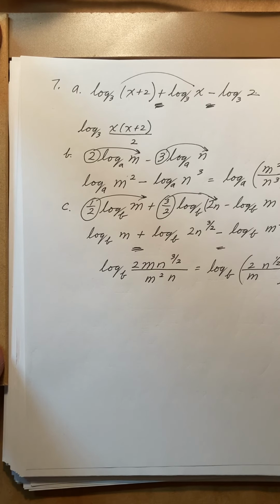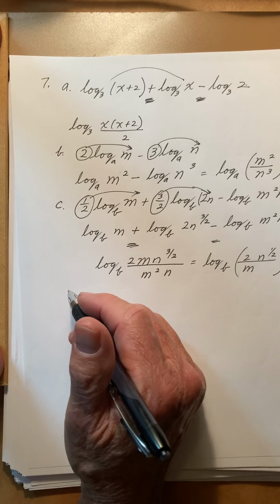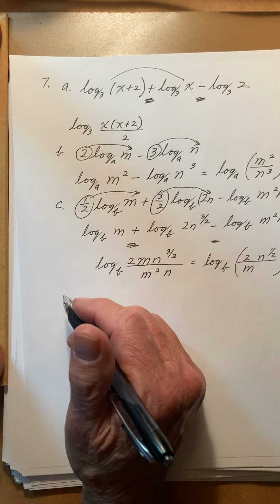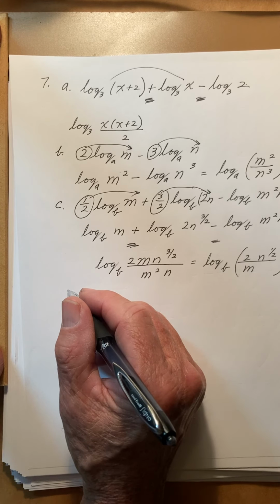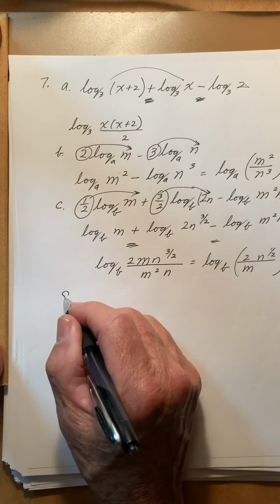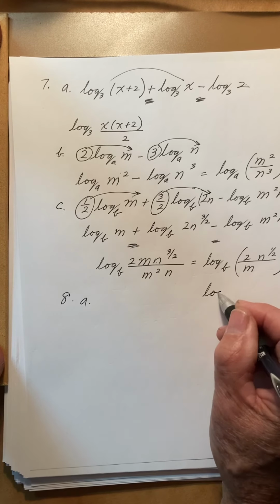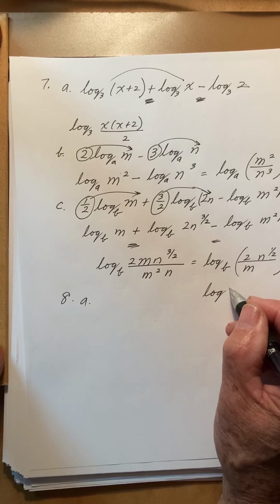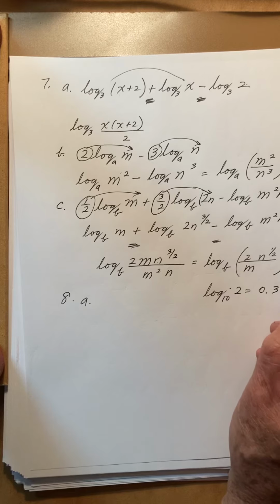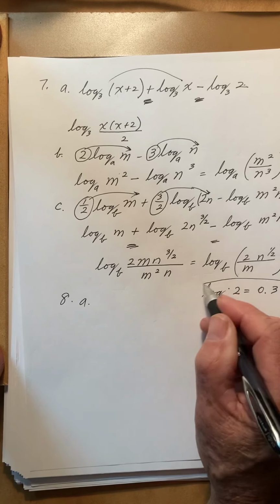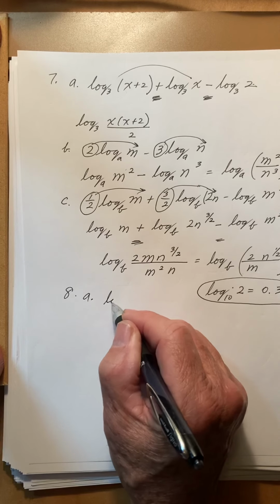All right. Now we're going to evaluate some logarithms that we are given numerical values. So for number 8, part A, it says that, by the way, the log base 10 of 2 is equal to 0.3010. We're going to use this to evaluate these expressions.